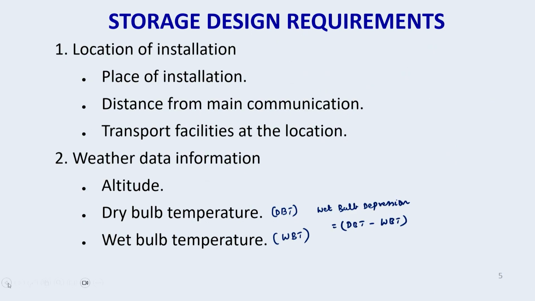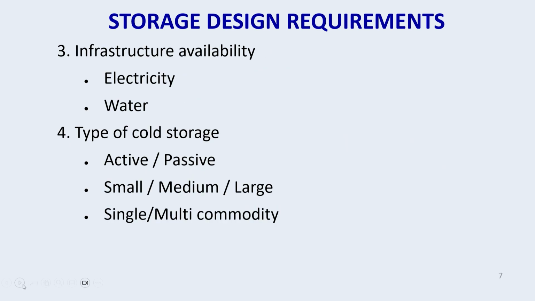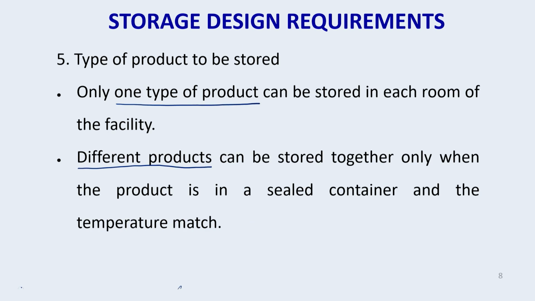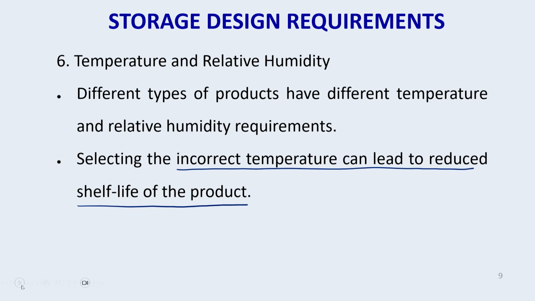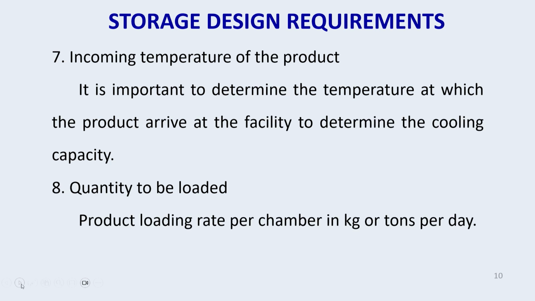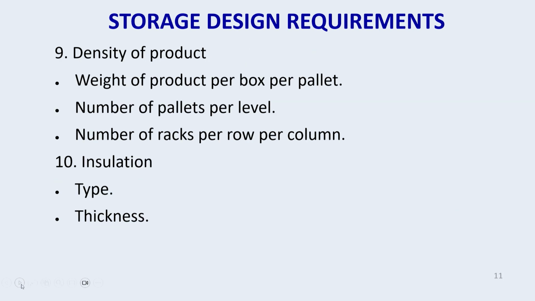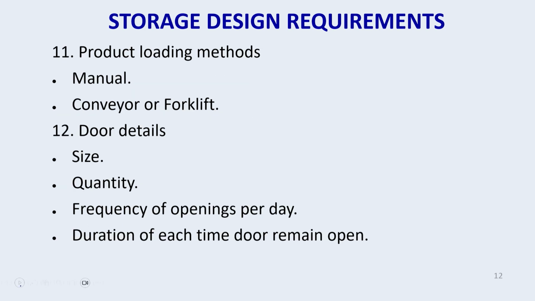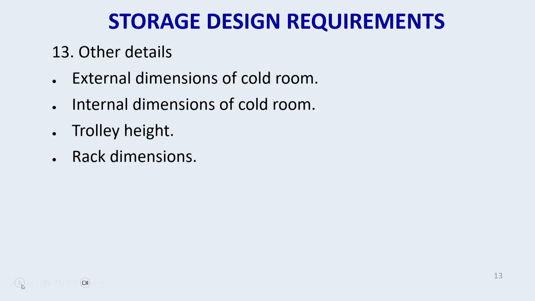Location of the installation, weather data, infrastructure available, what is the type of cold storage, what is the type of product to be stored, temperature and relative humidity, what is the incoming temperature of the product that has to be stored, quantity to be loaded, density of the product, details about the insulation material, thickness of the insulation, details about the door, what is the size, how much time the door is kept open, and what is the duration between the opening and closing of the door, product loading method, whether it is done manually or with the use of some mechanical equipment, and the other details.